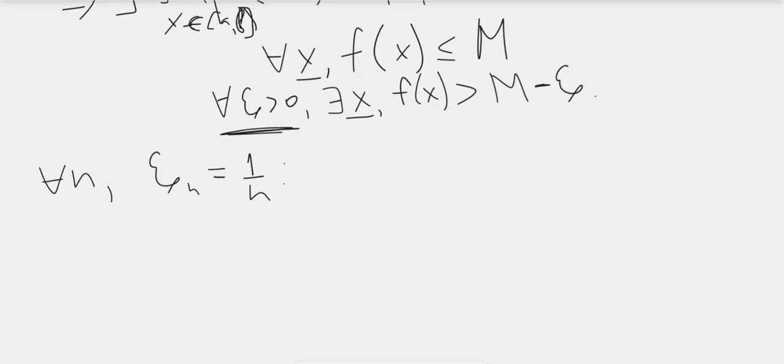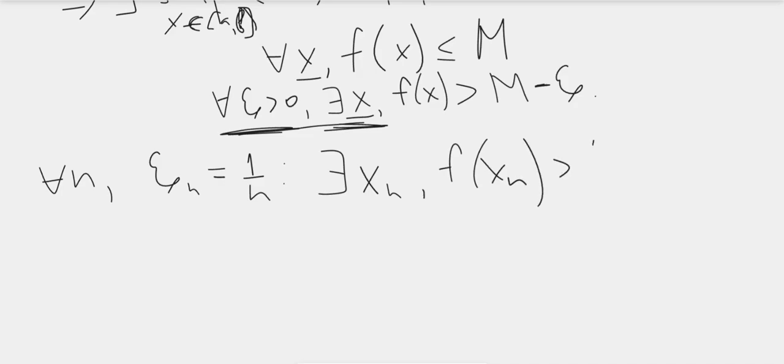For any natural number n, we consider this epsilon, then by this statement there should exist such x. So for this epsilon n, there exists xn such that f of xn is greater than m minus 1 over n.